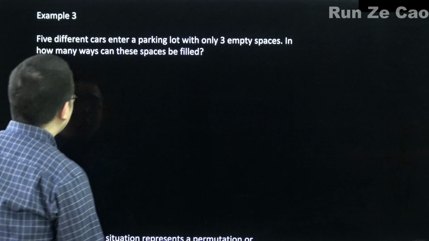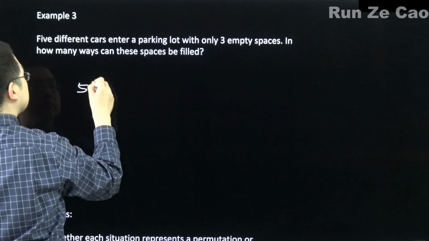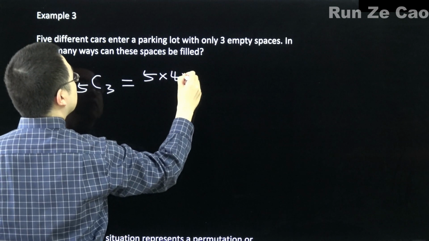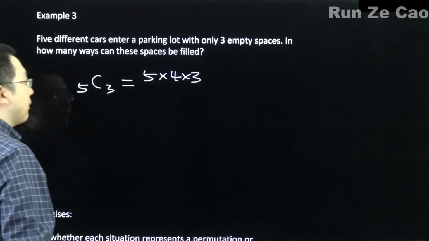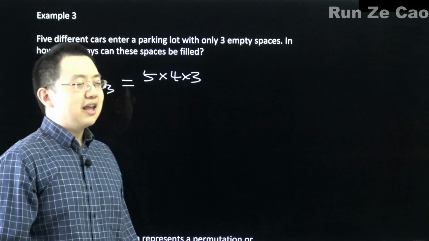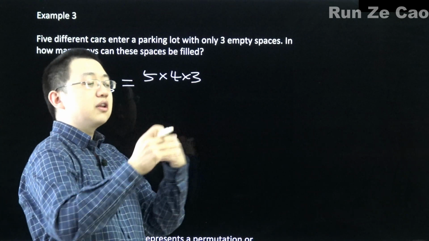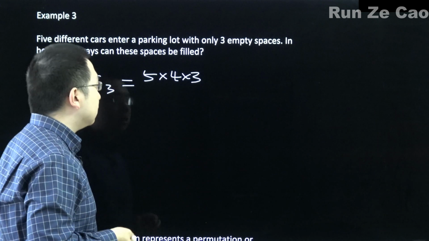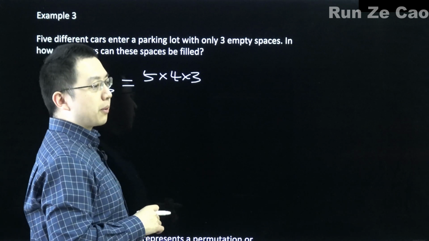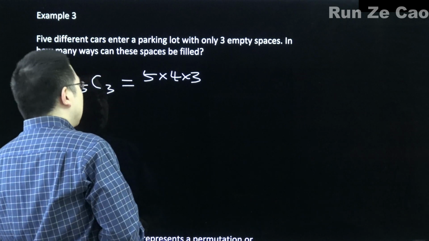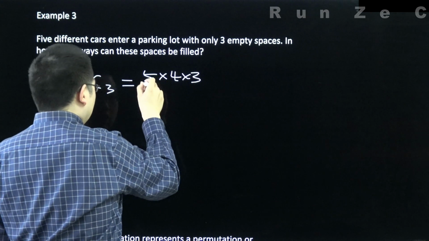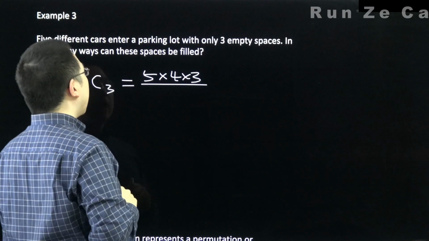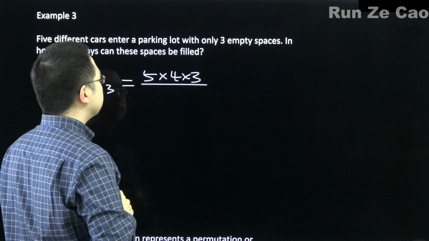Now 5 cars, and only 3 of them can end up parking here. So if we pick them in order, it would be 5 times 4 times 3. And we know that in reality parking spaces are not made equal because they are different distances from, say, the exit of the parking lot or the entrance of wherever you want to go, to whatever businesses the parking lot serves, etc. But let's say they're equal, so we have a problem here. In how many ways can these spaces be filled?